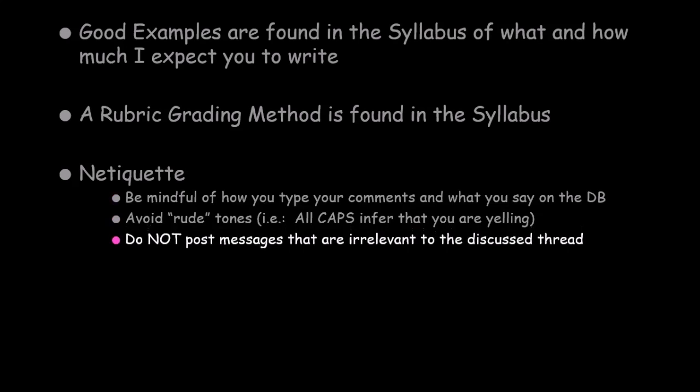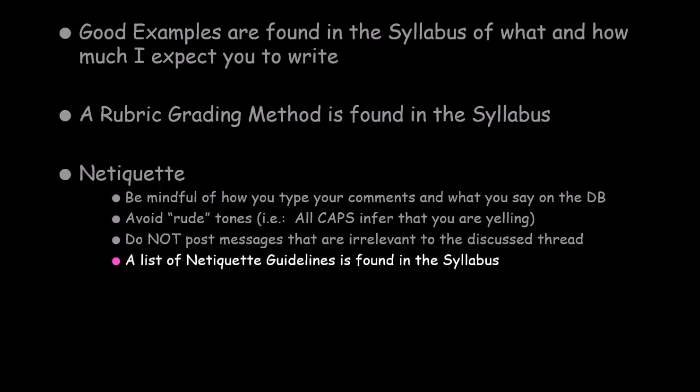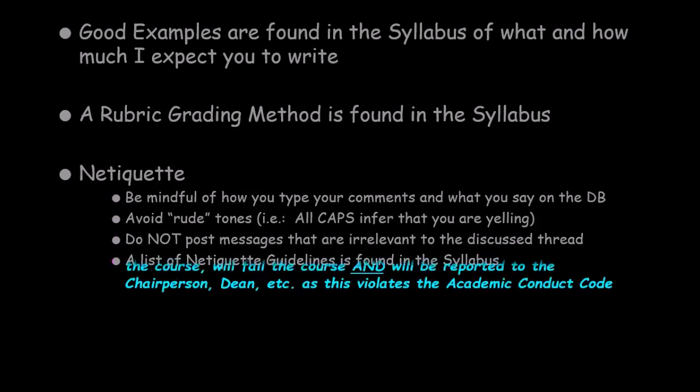If you look on page 27, I list a few things on there that make you more mindful about that. Don't post any messages that are irrelevant to the discussed thread. And like I said, the netiquette guidelines are on page 27.